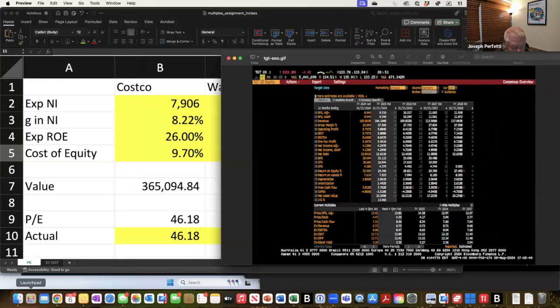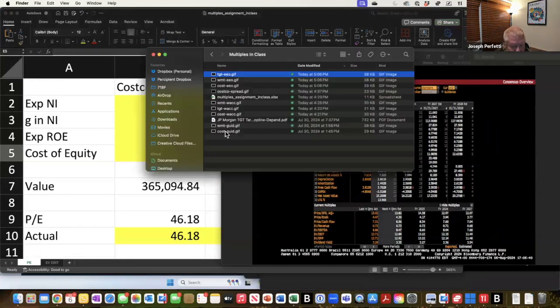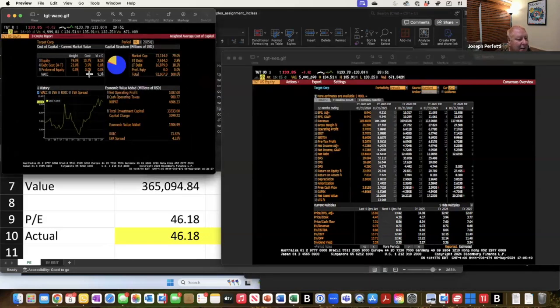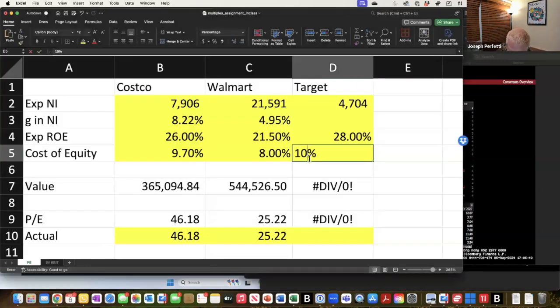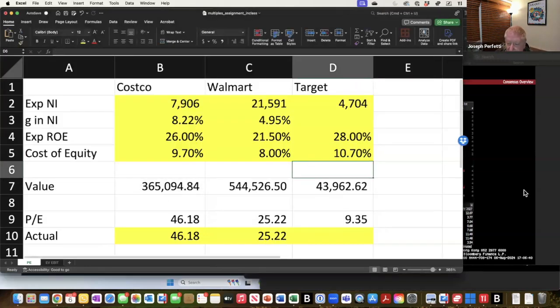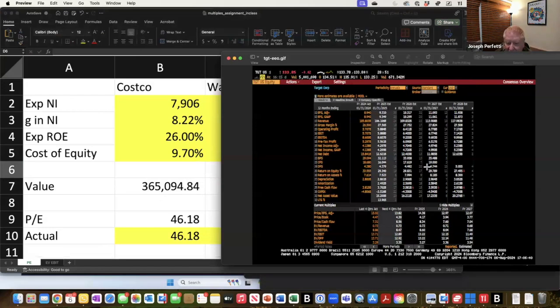There's a little bit more of an art than a science here. I'm not just averaging. I'm trying to think about what is a reasonable long-term number, using the next 4 years as a proxy. And then cost of equity for Target is on the WACC screen. Today, 10.7. And their second forward year PE at Target, 12.97, right down there.